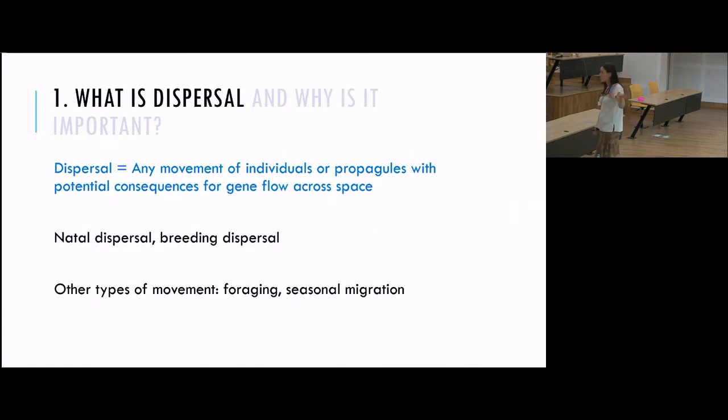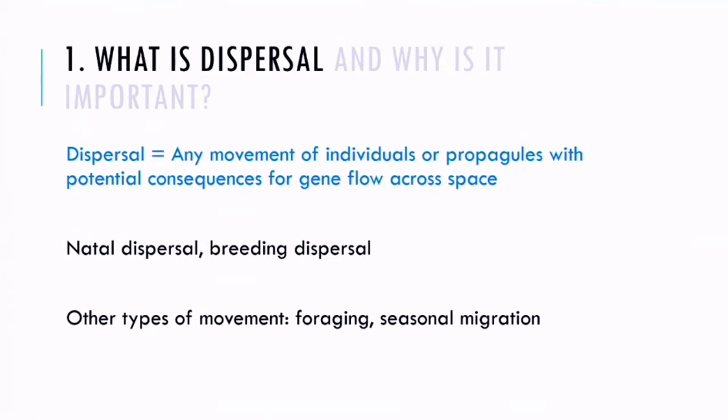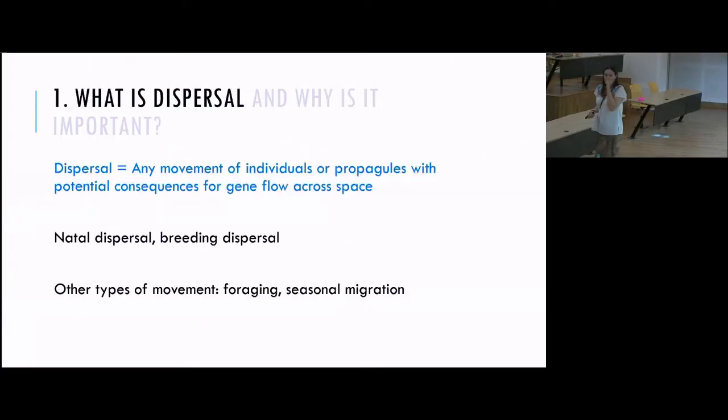So you can explore space to find prey and come back, and by the same argument, seasonal migration, where animals migrate huge distances from wintering to breeding grounds, but coming back potentially to the same place to breed every year, it is not dispersal according to this definition. But it's movement, and it has also implication, but I will not discuss that so much. Sometimes people discuss it together, like every movement. I will focus more on this type of movement that have consequences potentially for gene flow.